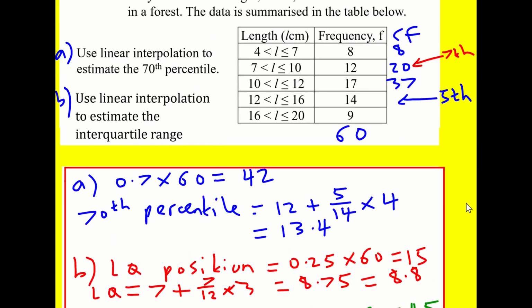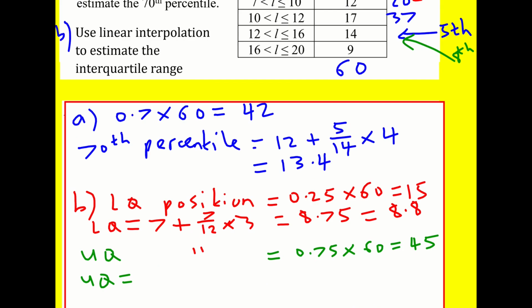Okay, so I'm looking for the 45th value. So actually, it's going to be in this group here, because I've got 37, but it's going to be the 8th value in this group. So it's going to be 12. Of course, it's going to be just slightly after the 70th percentile, because it's the 75th percentile. Hopefully that makes sense.